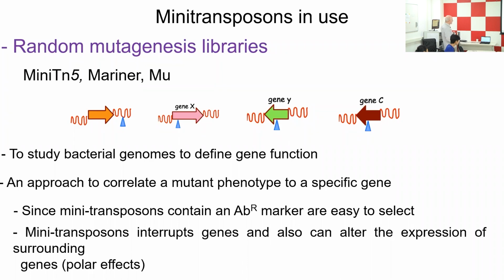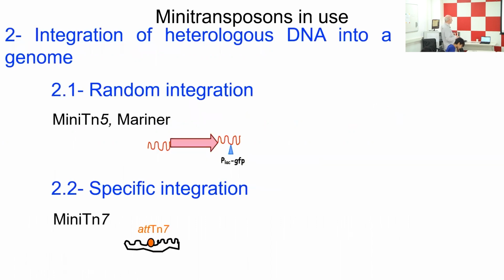The disadvantage is that mini transposons interrupt genes and therefore can alter the expression of surrounding genes, under what are called polar effects. That means that if you want a predictable outcome of your genetic or genomic engineering project, that might not be the best way to go.